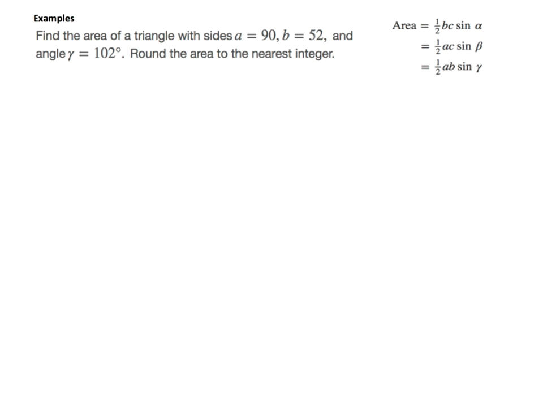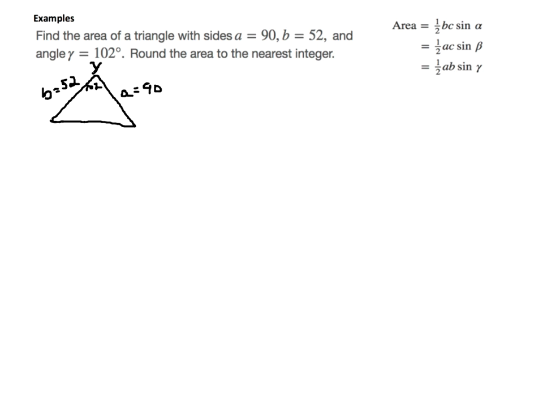So we have a triangle, I'm just going to draw a triangle here for us. Side A is 90, side B is 52, and we're given angle gamma, which is 102. And we want the area of this triangle.